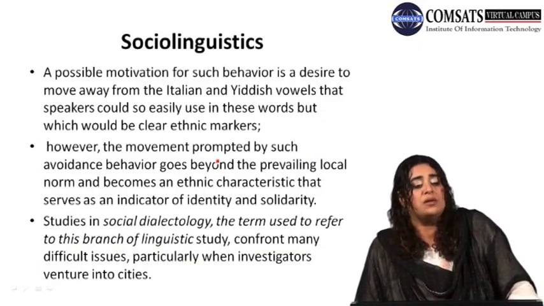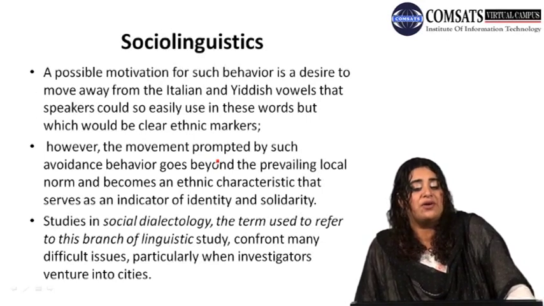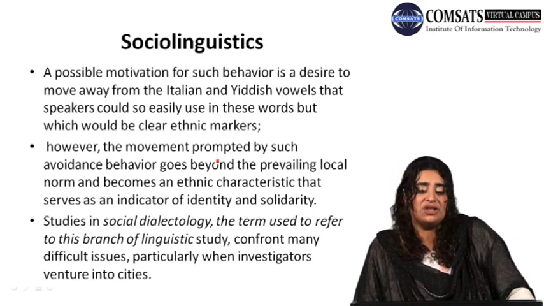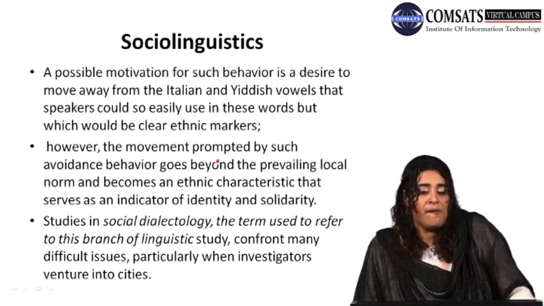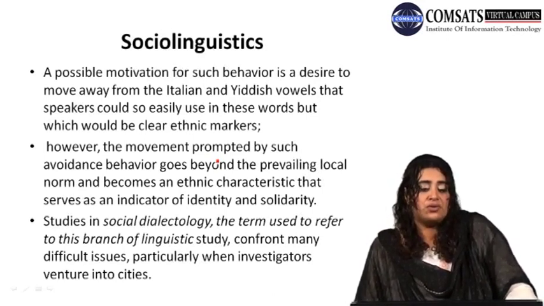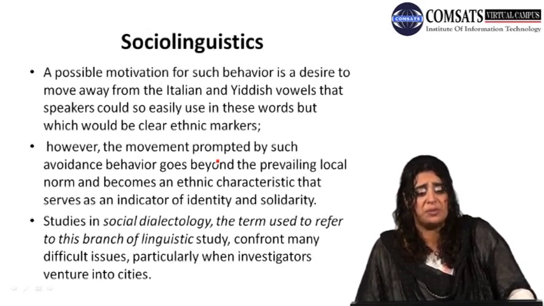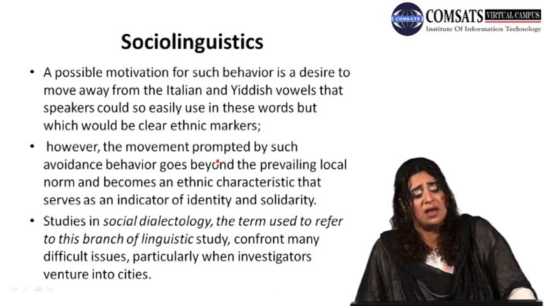So a possible motivation for such behavior is a desire to move away from the Italian and Yiddish vowels that speakers could so easily use in these words, but which could be clear ethnic markers. However, the movement prompted by such avoidance behavior goes beyond the prevailing local norms and becomes an ethnic characteristic that serves as an indicator of identity and solidarity.